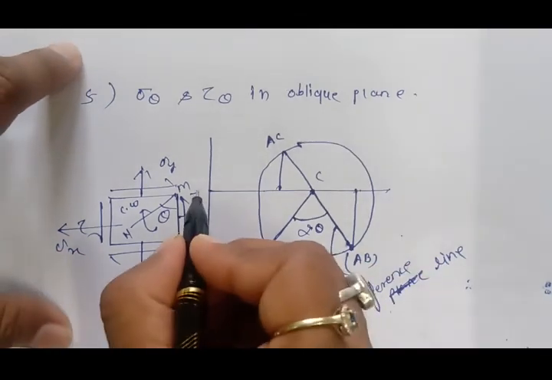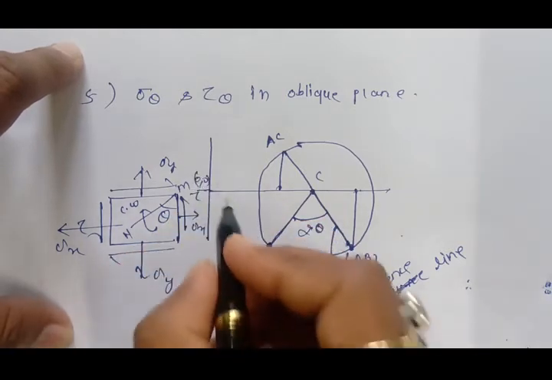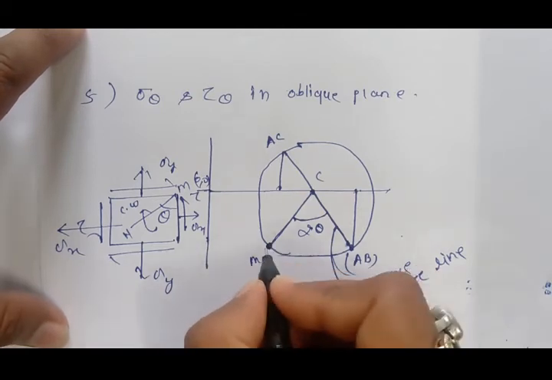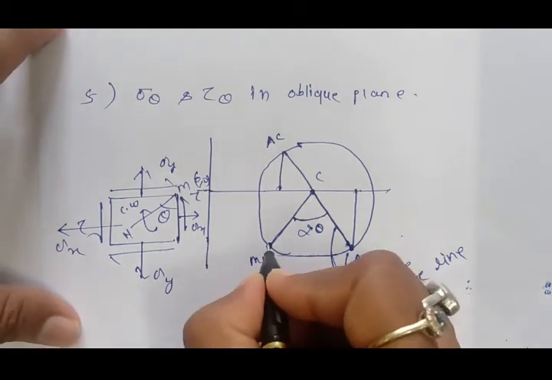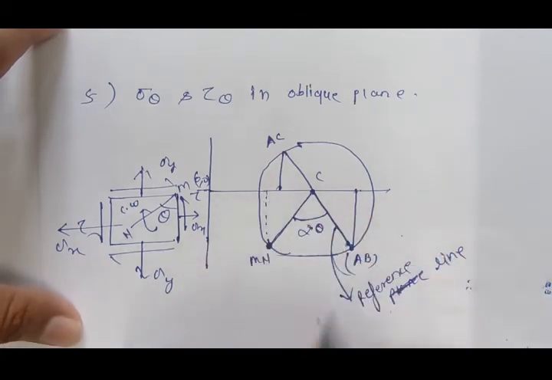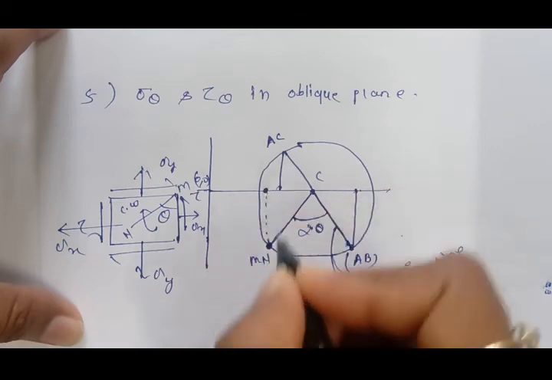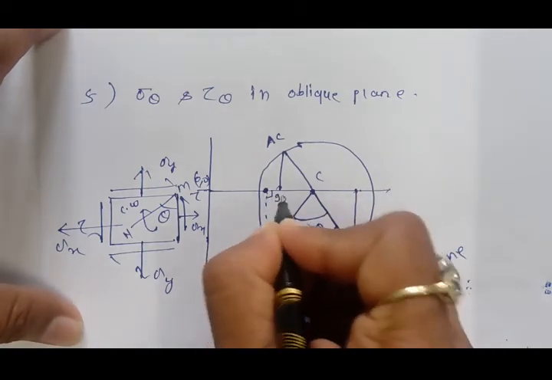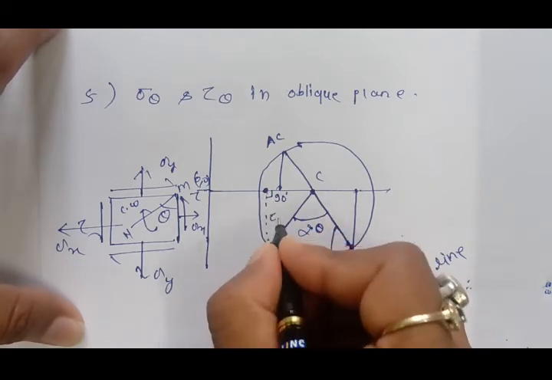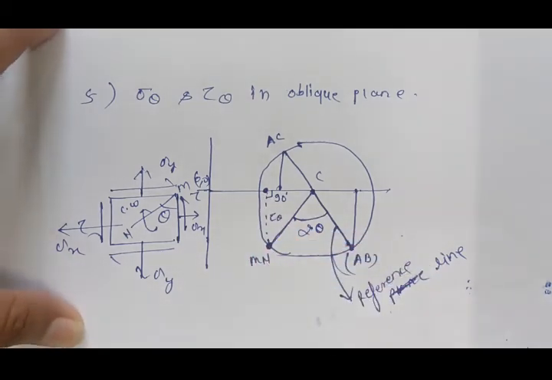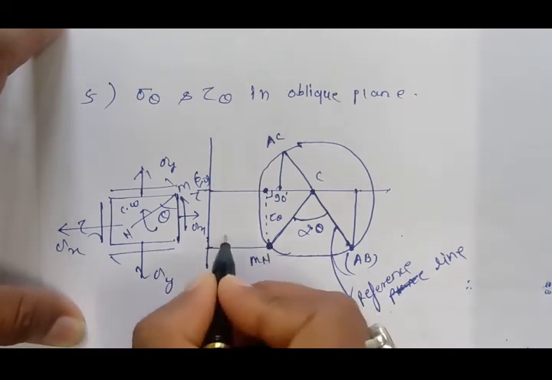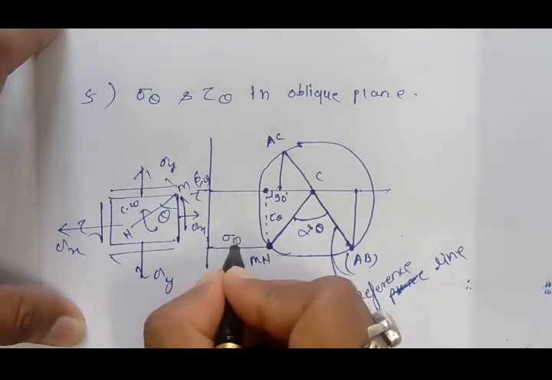From this reference line 0 0, this is our plane. So we can draw a perpendicular line from this plane onto the normal stress axis. This is the perpendicular, 90 degrees. If you draw these, this height shows tau theta, and this length from the origin to here is sigma theta.